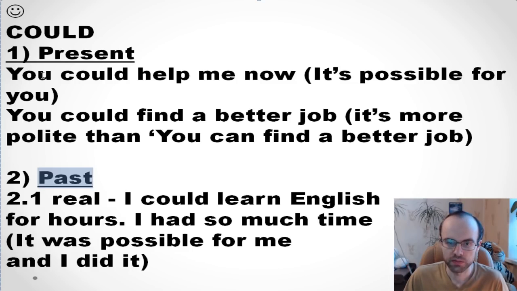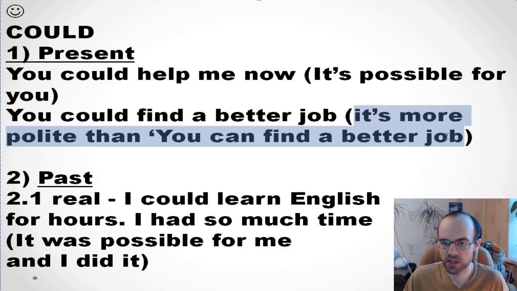For example, you could help me now. It means that it's possible for you to do it. Or you could find a better job. So it means that it's possible for you to find a better job. And you see, it's more polite than you can find a better job.